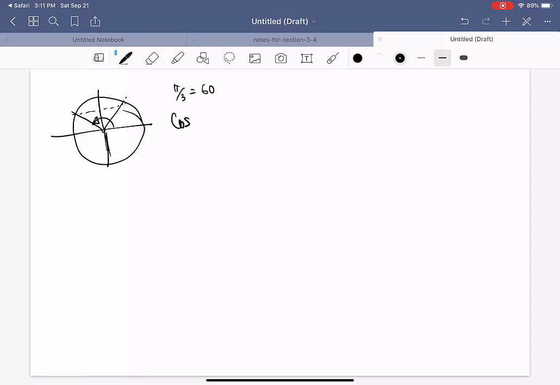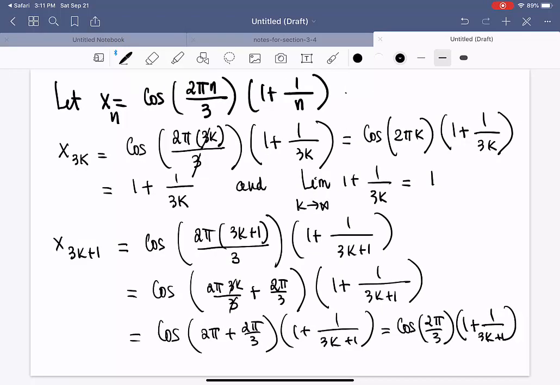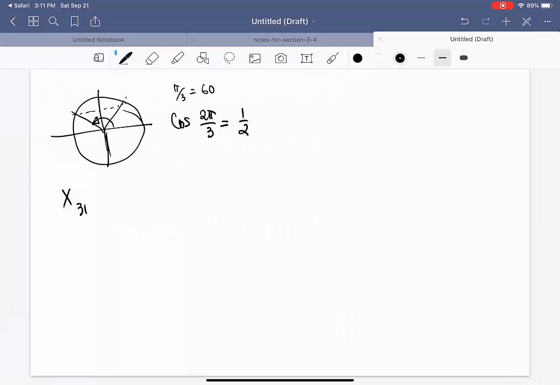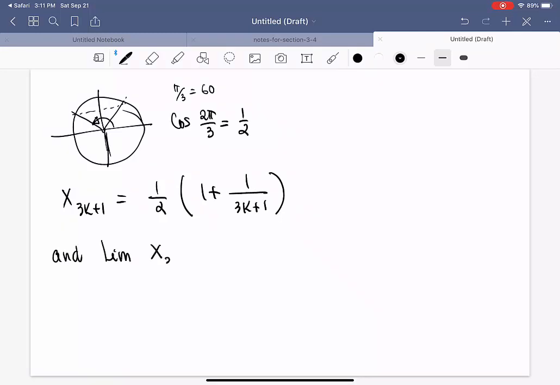So cosine of 2 pi over 3 is also 1/2 in absolute value. So going back to our calculation, x of 3k plus 1 is equal to 1/2 times 1 plus 1 over 3k plus 1. And computing the limit of x 3k plus 1 as k is approaching infinity, we obtain 1/2 times 1, which is of course just 1/2.